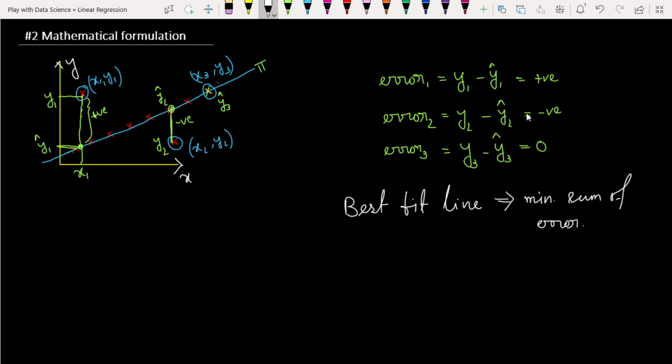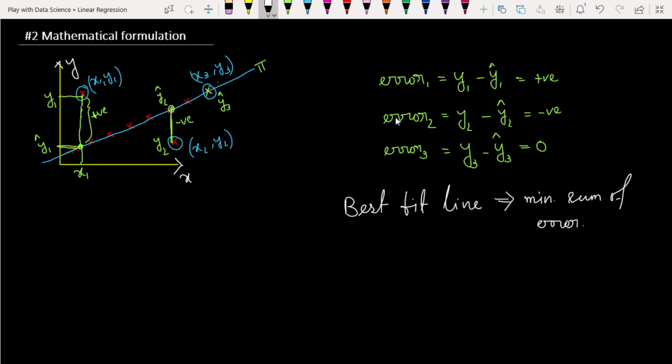So best fit line implies the minimum sum of the error. But if we sum these errors, one cancels out the other, so it is impossible to find the minimum sum of the error this way.